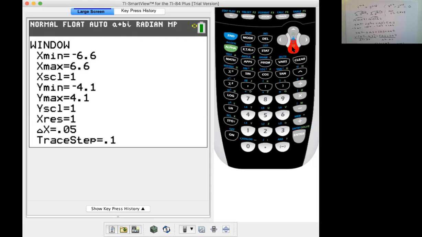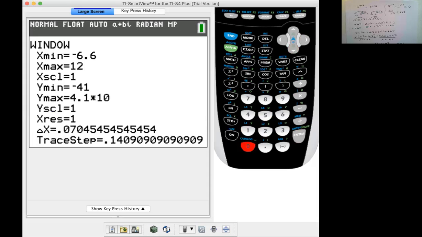And I'm going to maybe make the X a little bit bigger as well. And the Y, though, I'm going to make a whole lot bigger. Maybe times 10, so negative 41. Maybe this one times 10. Just so I can see it. I don't want it to look vertical. I want it to look like a function.